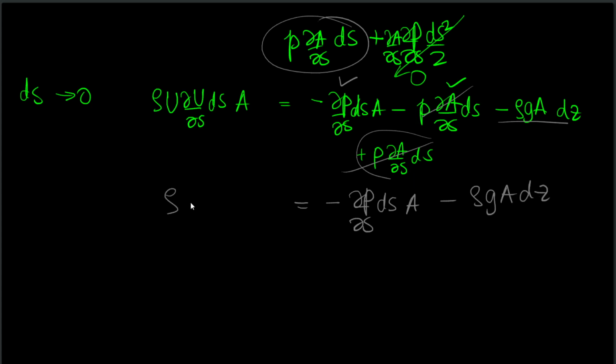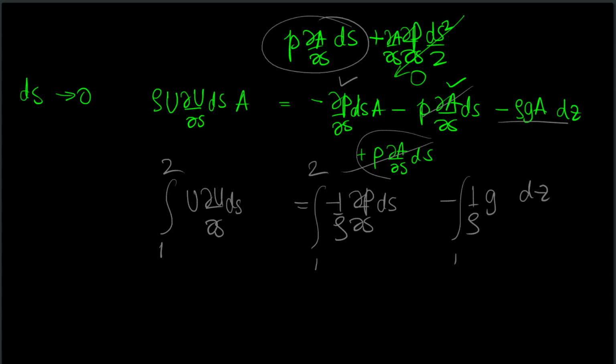So on the left hand side, we have rho del u del s ds times a. So let us divide everything by a. So a cancels out. In fact, let us divide everything by rho also. And let us integrate it over s. So this integration from point 1 to point 2.